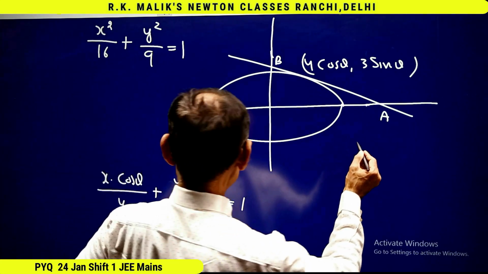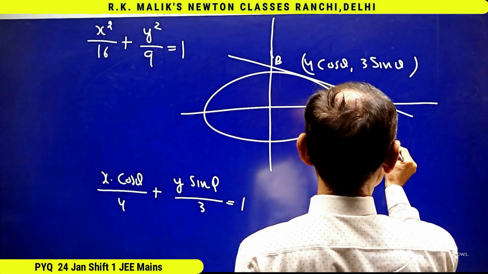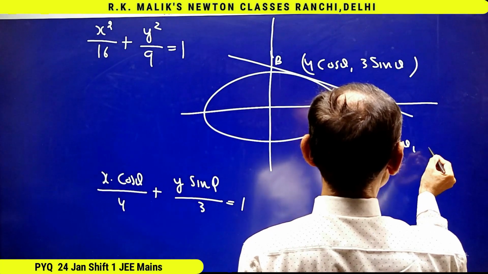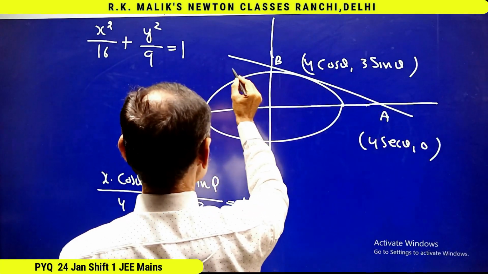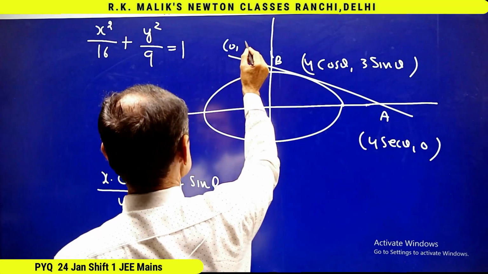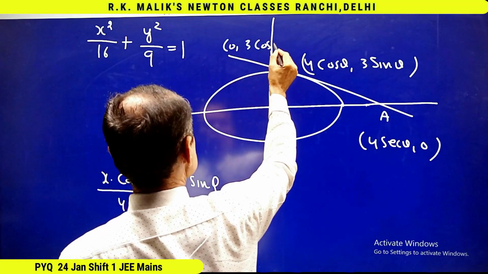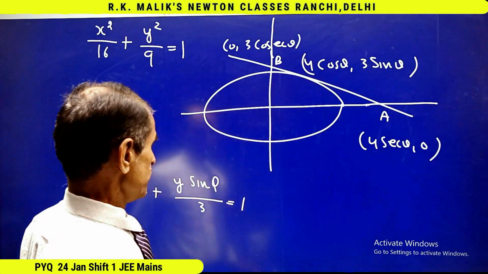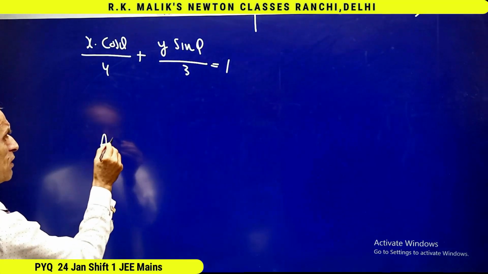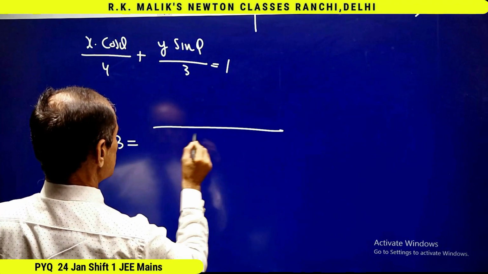That is, I can say the point A is (4 sec θ, 0), and the point B will be (0, 3 cosec θ).